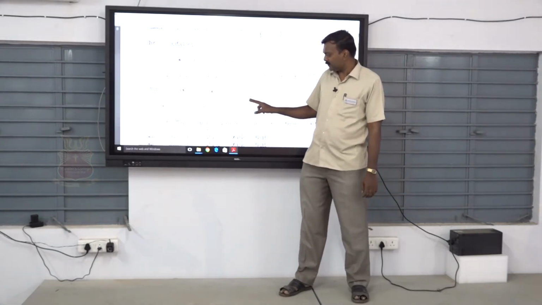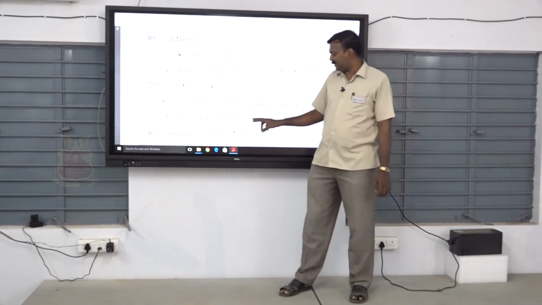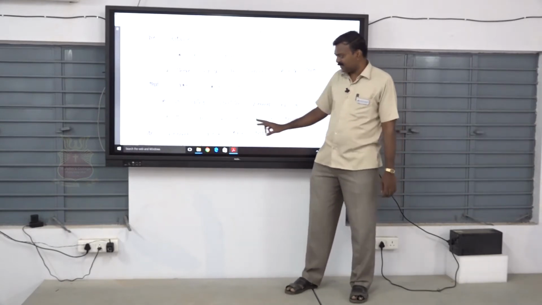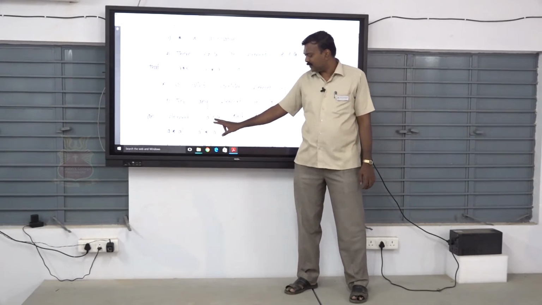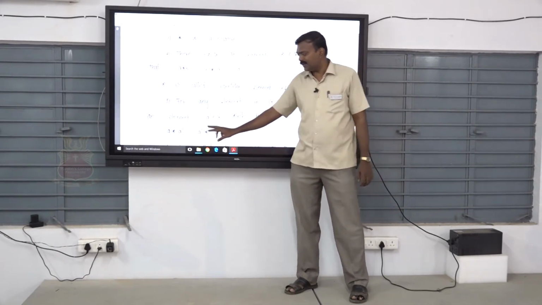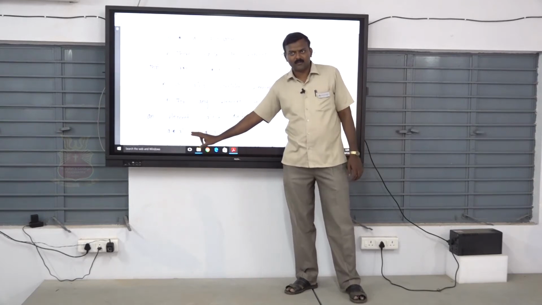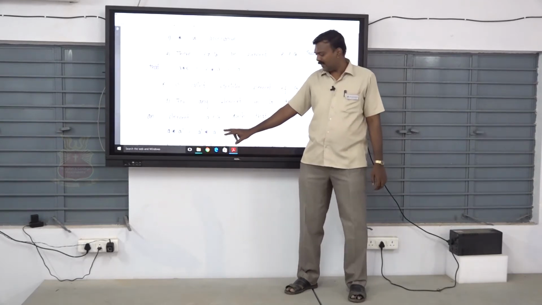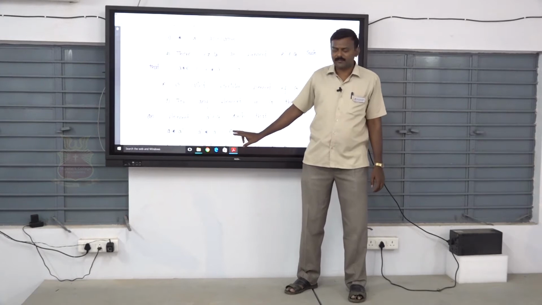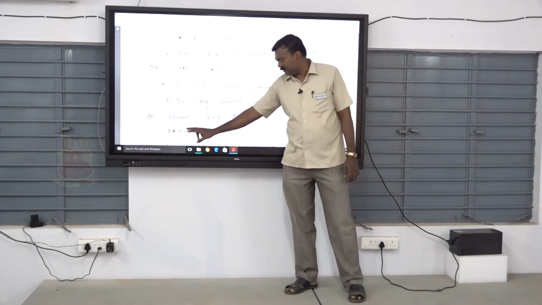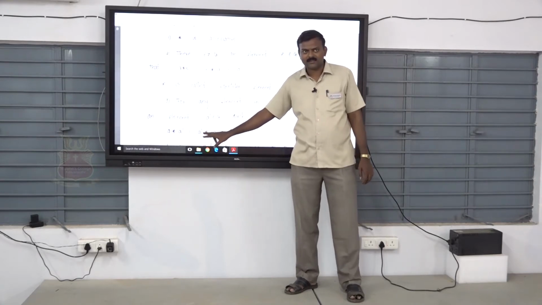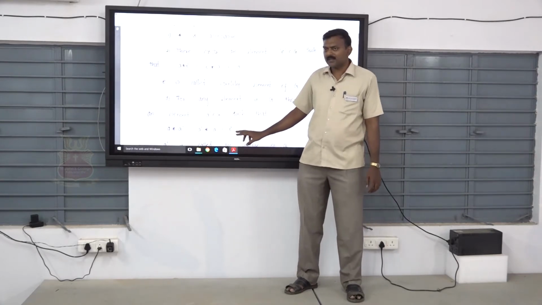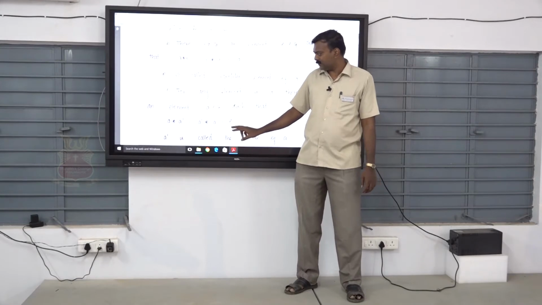Then the third one: for any element A in G, there exists an element A dash belongs to G such that A star A dash equals A dash star A equals E, the identity element.